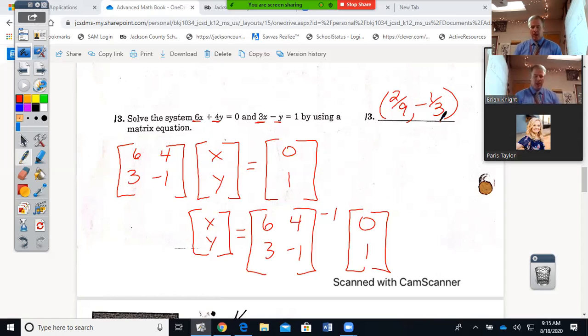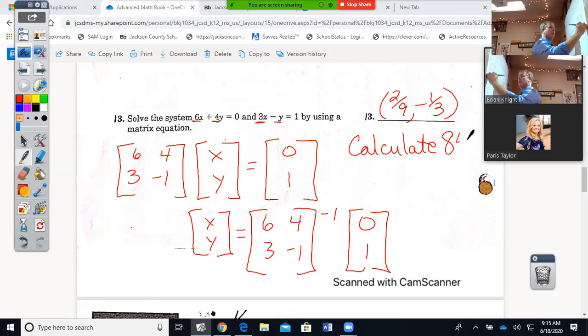Well then, you can download it, you have an iPhone? Yeah. Calculate 84, it's like a pink icon. And Miss Hand in the back is saying it's just like your calculator, and she said she did it last night, no problem. So give that a try. That way you can check your other answers too.